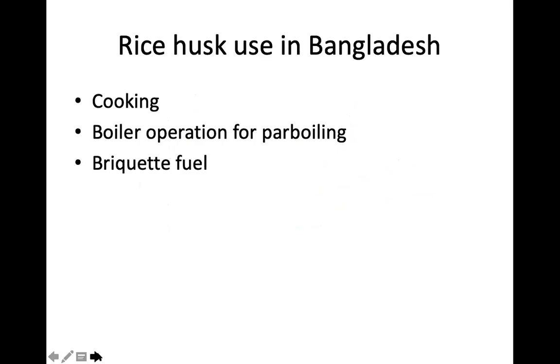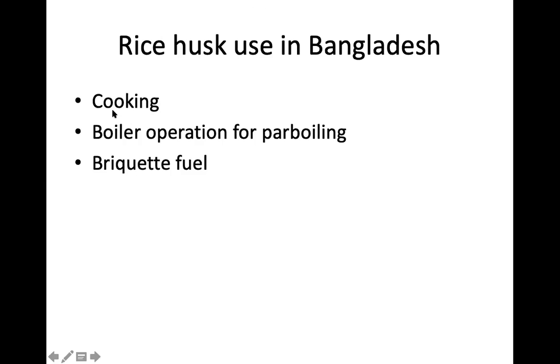Rice husk used in Bangladesh. We produce more than 3 crore tons of rice in Bangladesh per year. So it is a big resource, because we get a huge amount of husk.